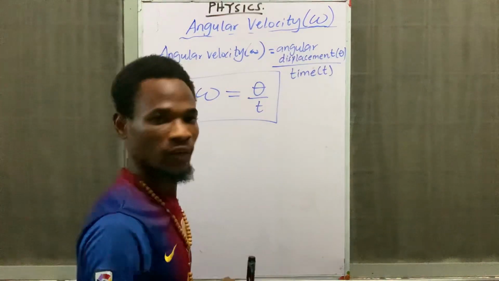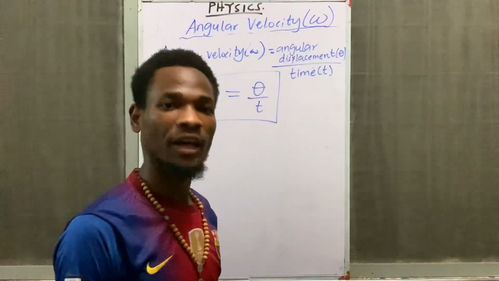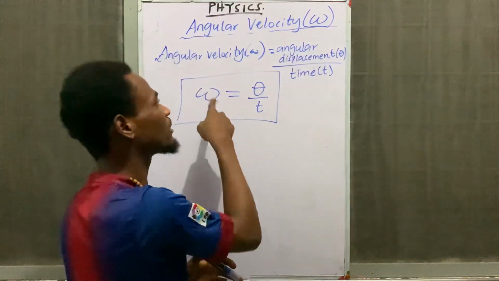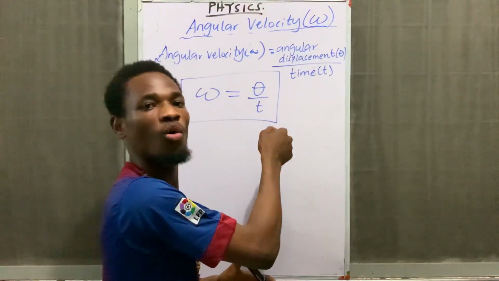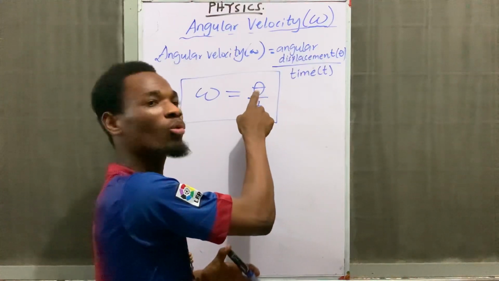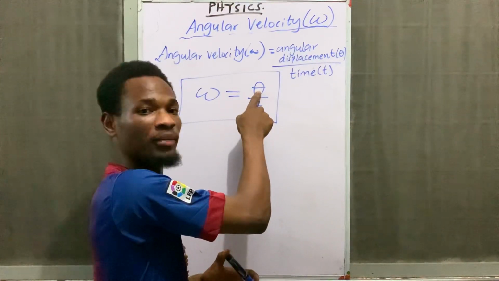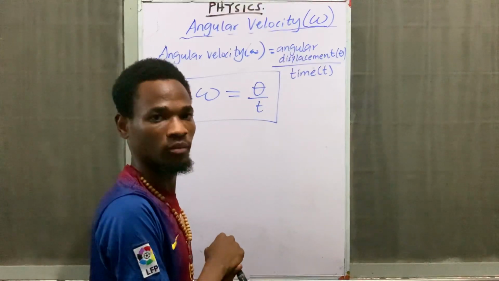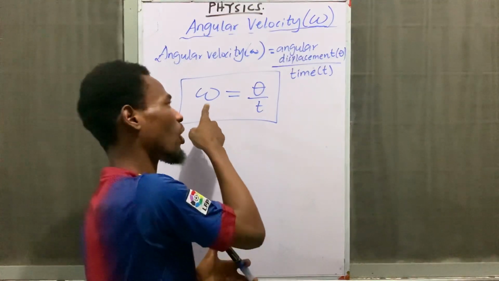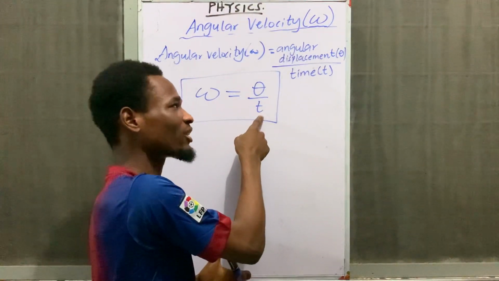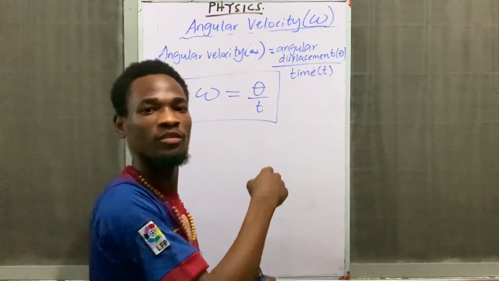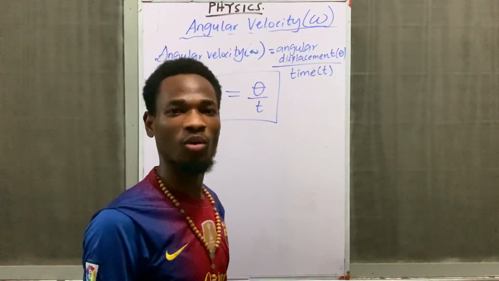So you can define angular velocity as the rate of change of angular displacement with respect to time. So our angular velocity is the time rate of change of angular displacement. They are all the same.